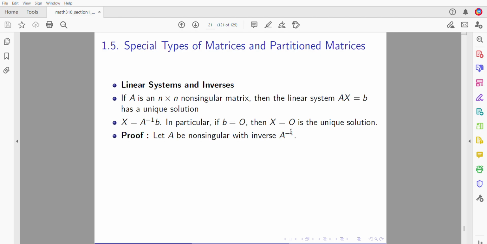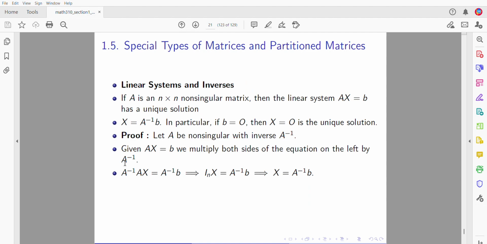Let A be non-singular with inverse A inverse. Ax equals b. We multiply both sides of the equation on the left by A inverse. So Ax equals b, I multiplied here by A inverse and here by A inverse. Notice A inverse times A is identity. Identity times x is A inverse b.